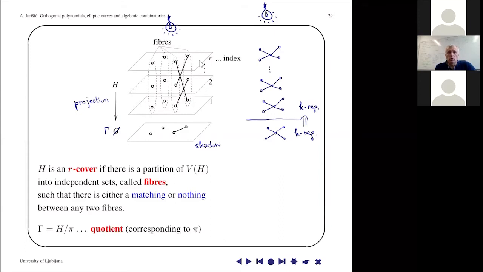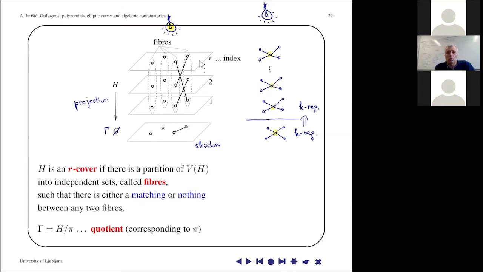Now we can also geometrically interpret that we have a projection. You can imagine that you have a light that you put on top, and the shadow is in this graph below. Also locally, at every point, if you take the pre-image of a point, which is called a fiber, then the neighborhood of that looks the same.